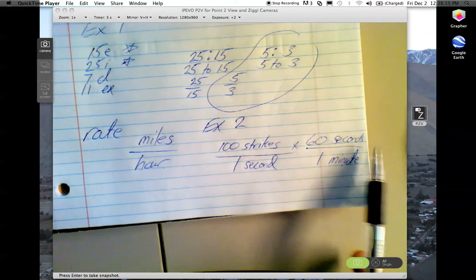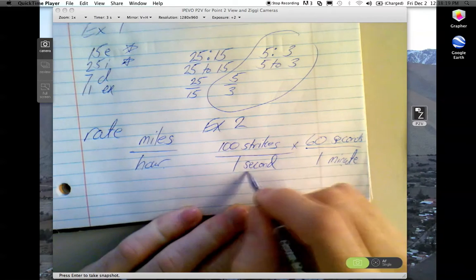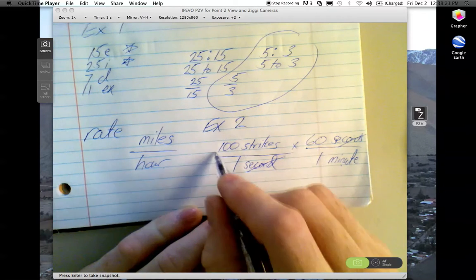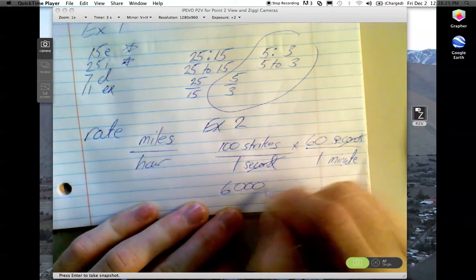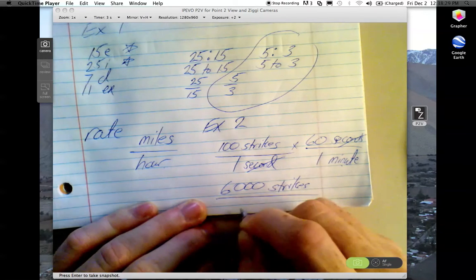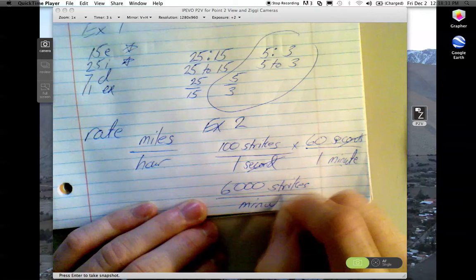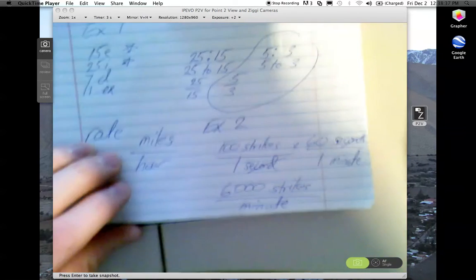If we were to multiply it by all 60 of those seconds like this, second and second would cancel out. 100 times 60 would become 6,000 strikes per minute. And does that match up with the book? Yes, it does.